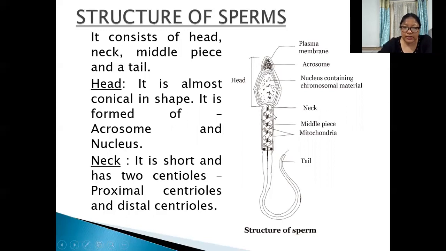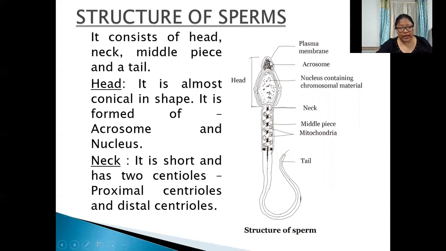Next is the neck. Just this small portion is the neck of the sperm. It is short and has two centrioles, known as the proximal centriole and the distal centriole. Now the acrosome, this is the acrosome. It forms like a cap at the anterior end of the nucleus. Here is the anterior end of the nucleus, and on top of this is the acrosome.